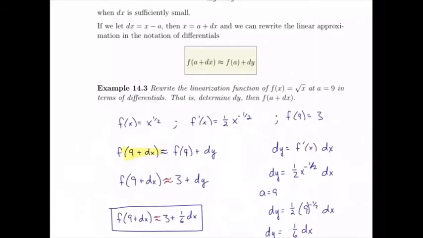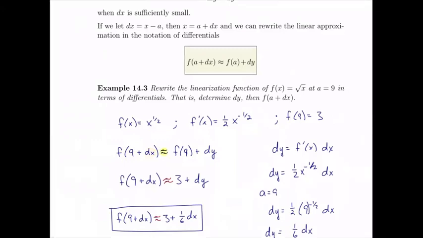We're building a general differential approximation formula. So we know that a is 9, that's the center of our approximation. Dx is going to be whatever deviation we like, whatever number we want to find the value of that's near 9. Well, dx is the difference of 9 and that number. We'll get there in just a moment.